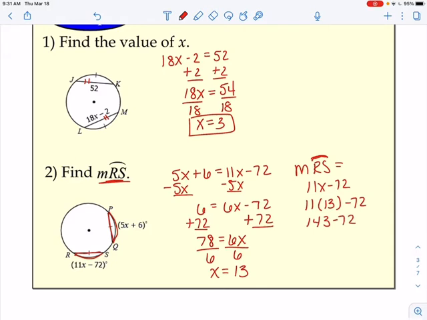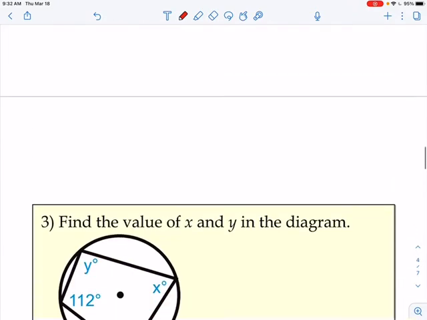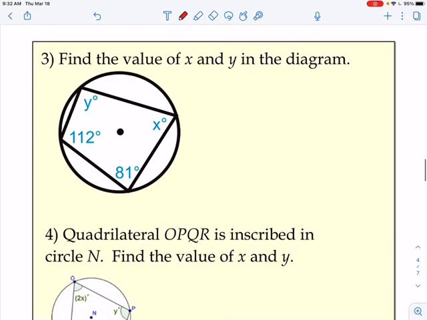And if I take 143 and subtract out 72, that should leave me with an answer of 71. So the measure of arc RS is going to equal 71.